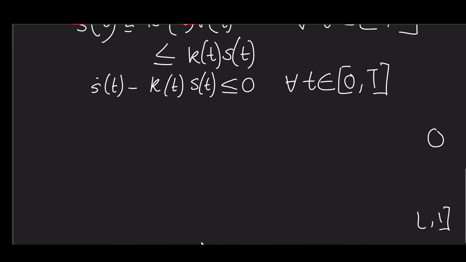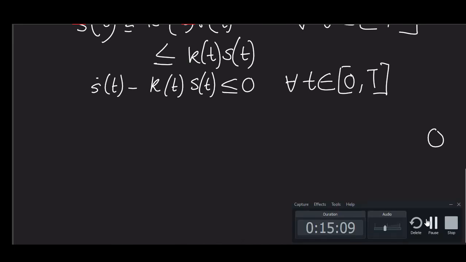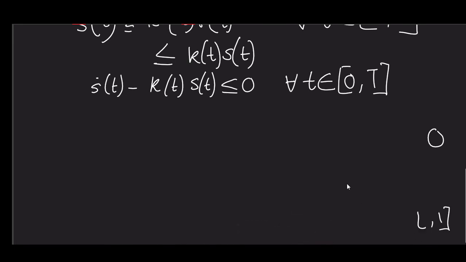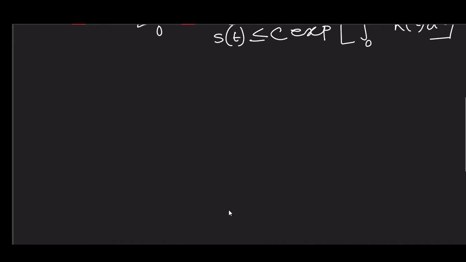Now we'll go to our next lemma. However, before I go to that other one, the comparison lemma, you must have noticed that one prerequisite of application of Bellman-Grunwald inequality is that both the functions must be continuous in nature.